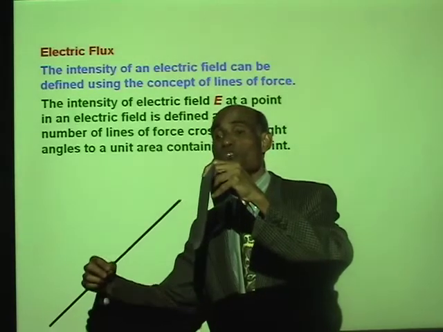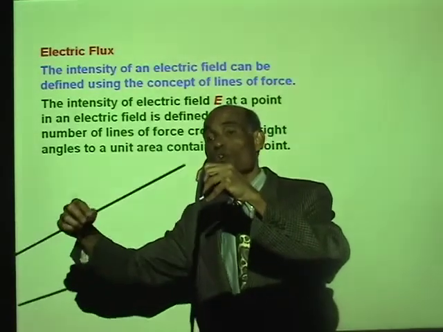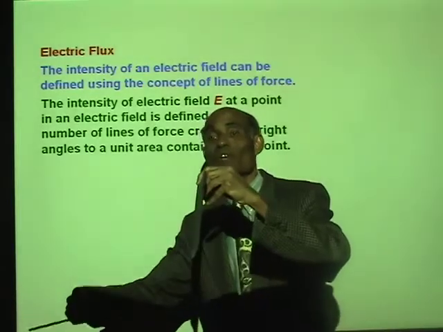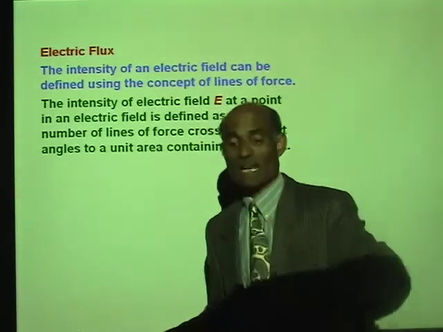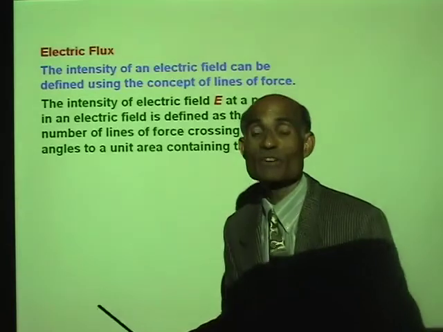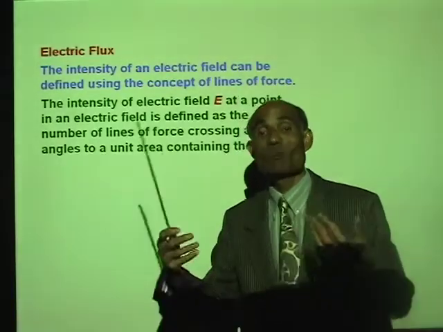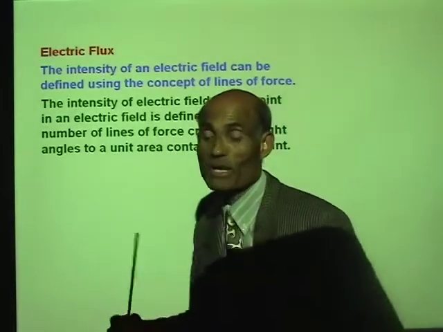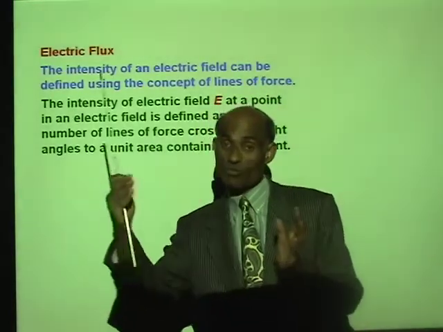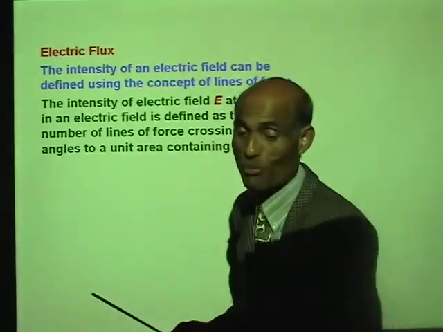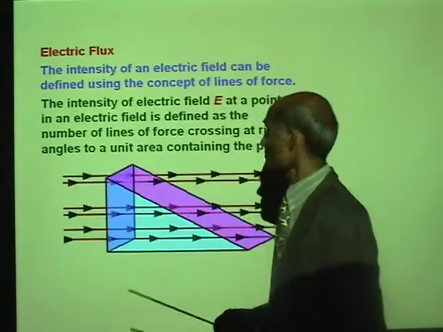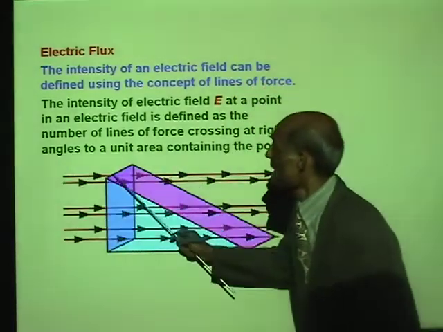Then I measure the electric flux crossing that unit area. That means electric field at a point is a measure of electric flux per unit area. And that flux must be at right angles to the area. It's very important.